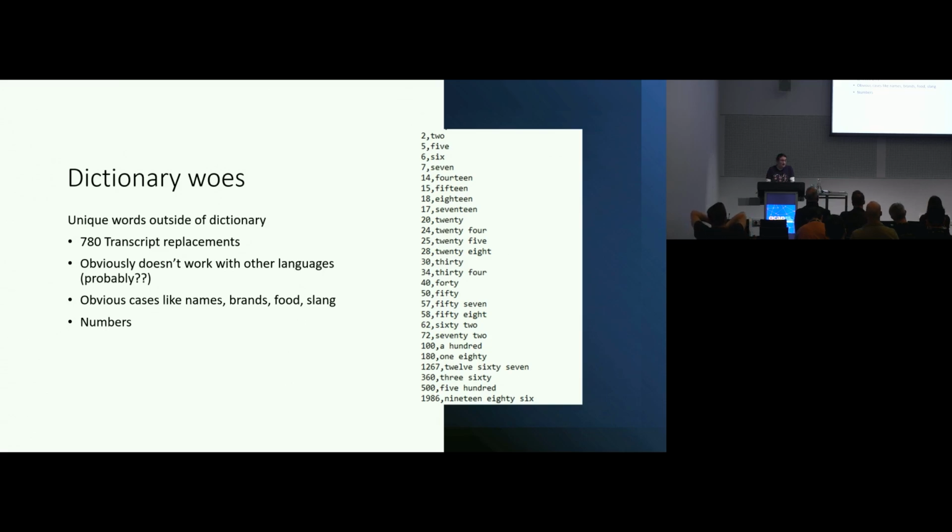You could theoretically make it work for other languages by phonetically transcribing your script, but at that point, is it worth it? No. Like any library though, it is not comprehensive. We had a transcript replacements text file that we used to supplement this and feed Gentle information that it could actually recognize. We ultimately wound up making a whopping 780 transcript replacements.